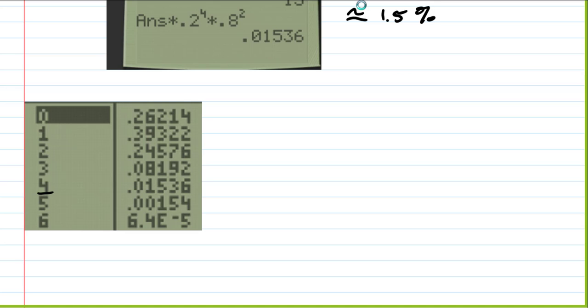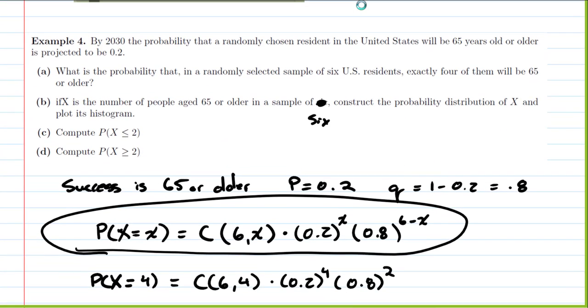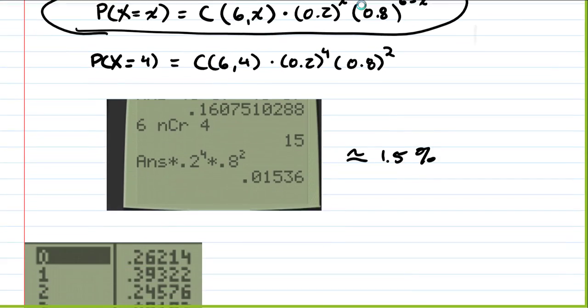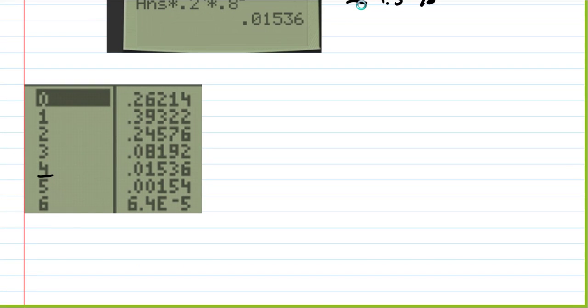Oh, 0.01536. It's a corresponding entry in this table. If you add all of these things up, what do you think you're going to get? 1, right? So this actually created the entire probability distribution. So then a histogram is just a plot of these things.